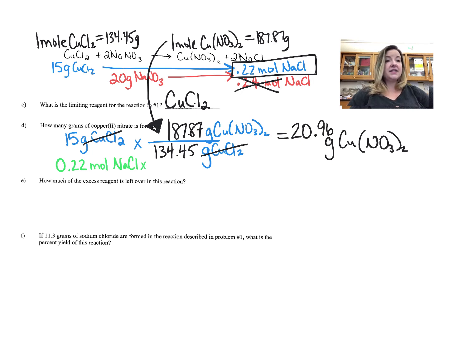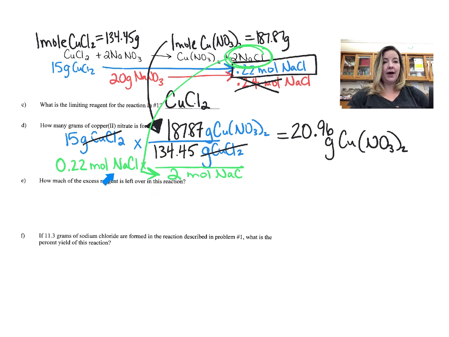Now, because I know that 0.22 moles of NaCl are going to be made, I could also use that to figure out how much copper nitrate is made. So again, I start with my 0.22 moles of sodium chloride. Because I'm starting with moles of sodium chloride, I'm going to put moles of sodium chloride on the bottom of my conversion factor. I look at my balanced reaction and I see that it says 2 moles of sodium chloride.